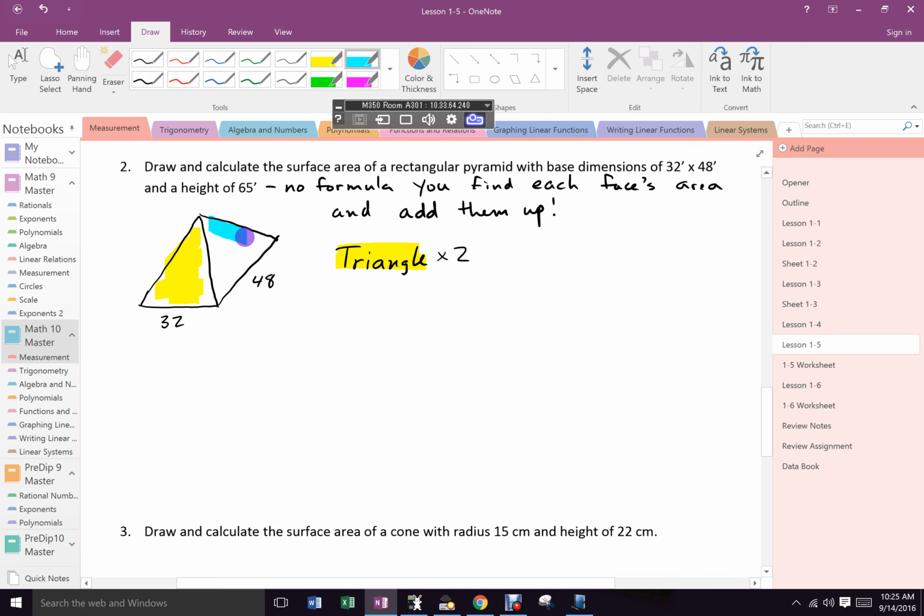There's this triangle. And how many of them are there? Times 2. And what's left? The bottom, which is a rectangle. And how many of them are there? There's only one, right? So now I can do it because I have a formula for a triangle, don't I? What is a triangle's area? It's on your sheet.